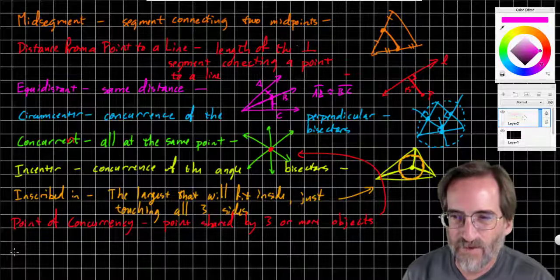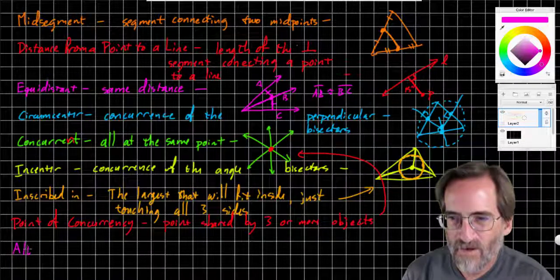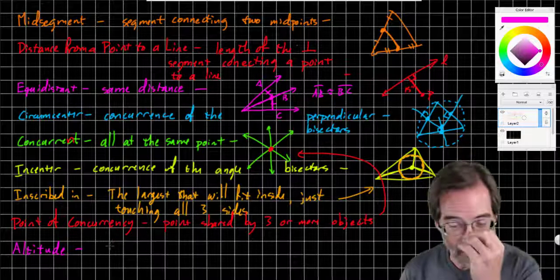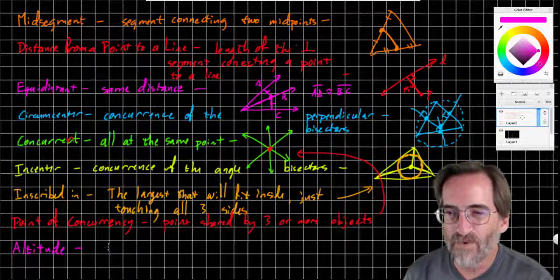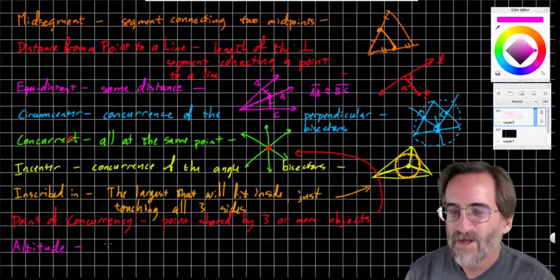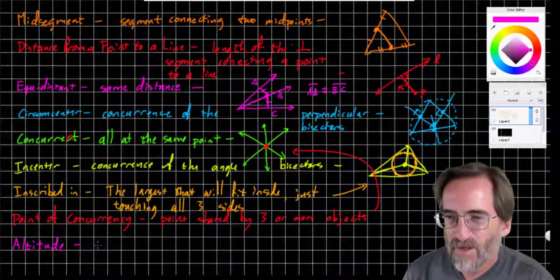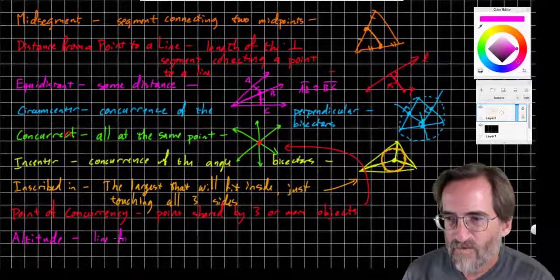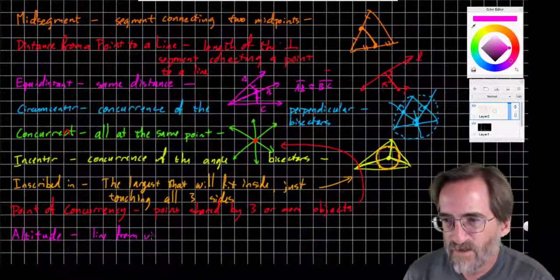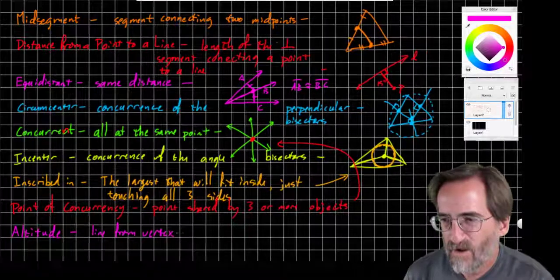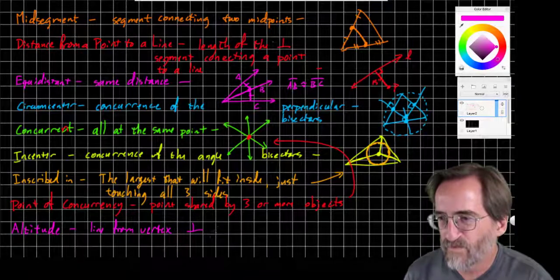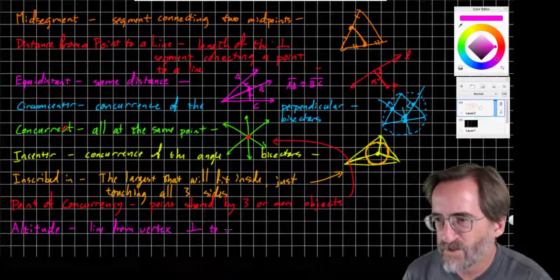Altitude of a triangle. I'm going to leave out the words "of a triangle." Altitude, and particularly of a triangle, so this has nothing to do with airplanes. Altitude: a line from a vertex perpendicular, so I'll use the symbol for perpendicular, to the opposite side.